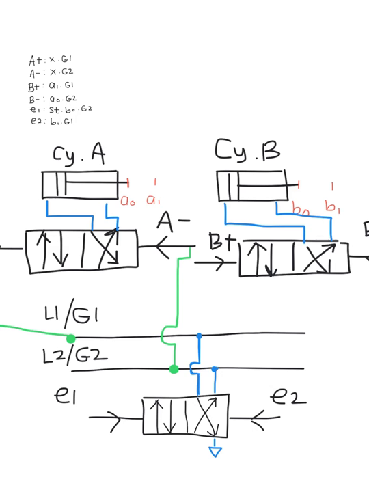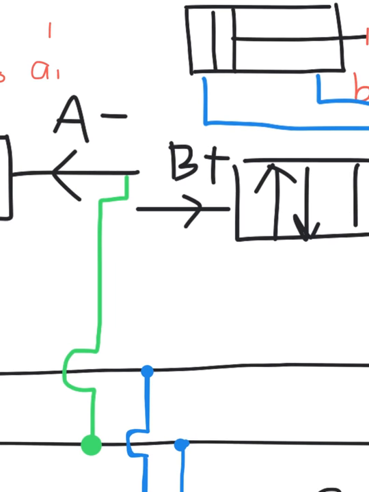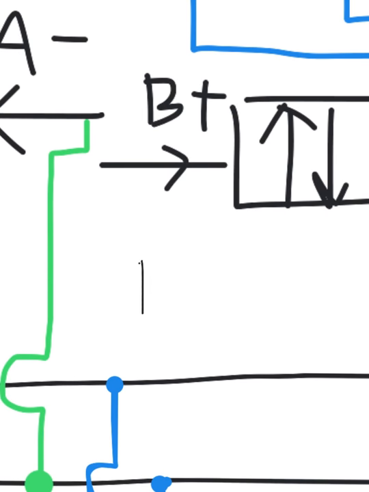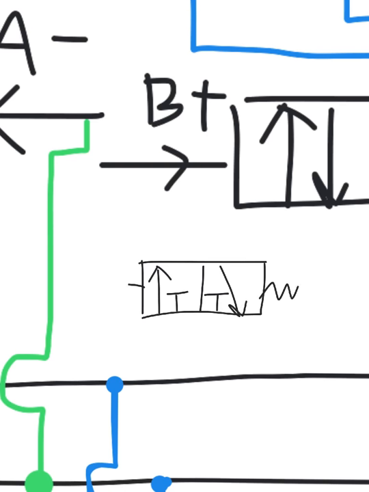Then for B plus, we have limit switch A1. We have to put it under B plus. Let's zoom in so that I can draw limit switch A1. For the limit switch, we are using a 3/2 way valve with spring and roller.